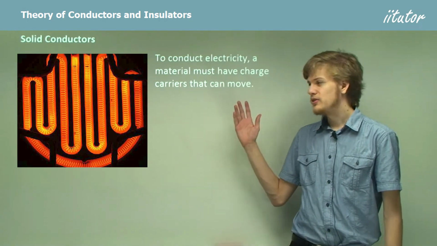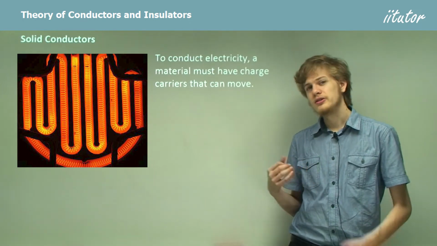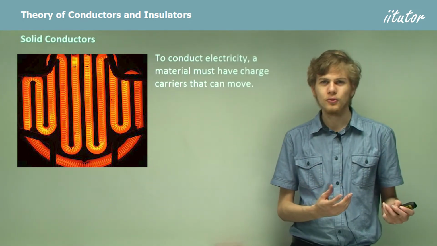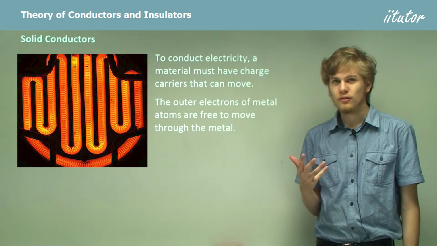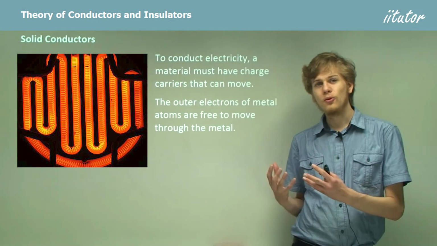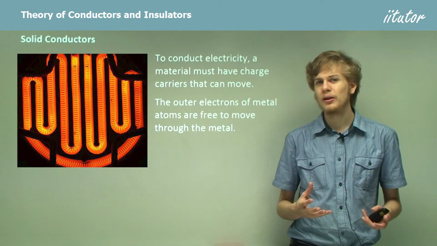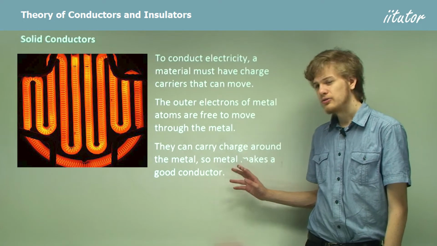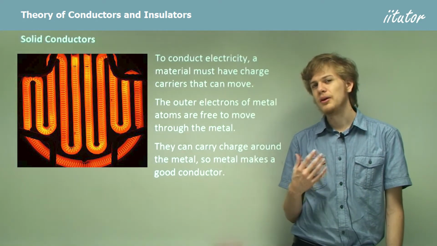Now, to conduct electricity, a material has charge carriers that can move, otherwise it can't have an electric current flowing through it. The outer electrons of metal atoms are free to move through the metal. We learned before that the electrons are moving about at random, even if there's no current flowing through the metal. So the electrons are able to carry charge around in the metal very easily, and metals make good conductors.